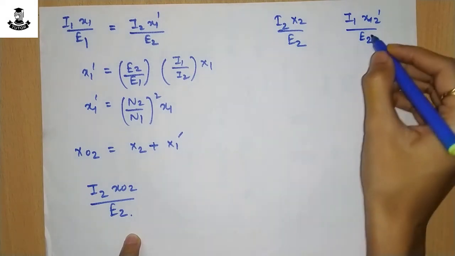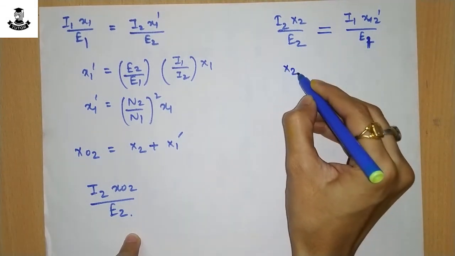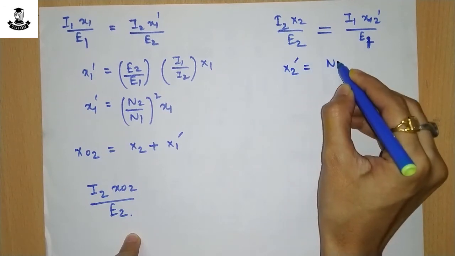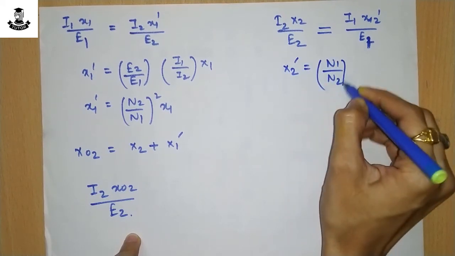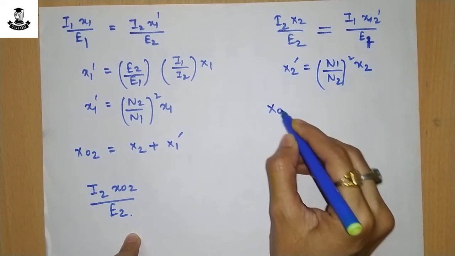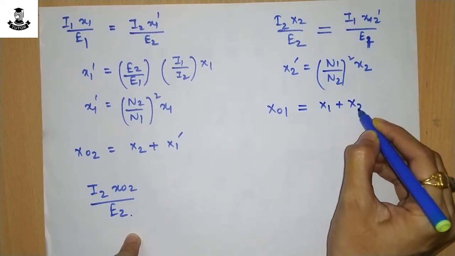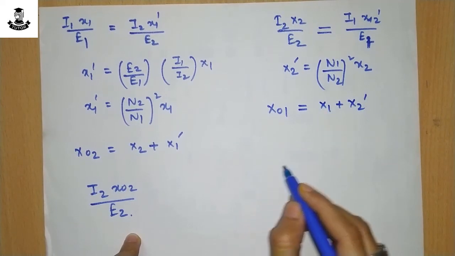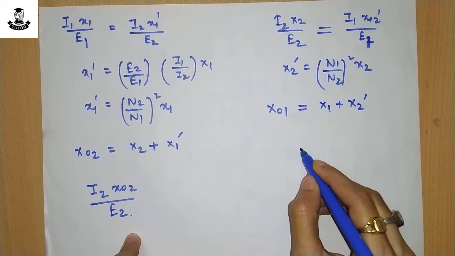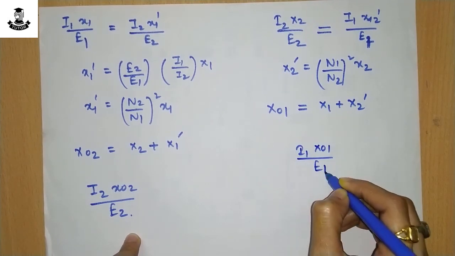As per unit drop remains the same, therefore these both must be equal. Hence, in the same way, I can write X2 dash is equal to (N1 by N2) whole square X2. Therefore, total leakage reactance referred to primary is X01 equal to X1 plus X2 dash, and total per unit leakage drop referred to the primary is I1 X01 upon E1.